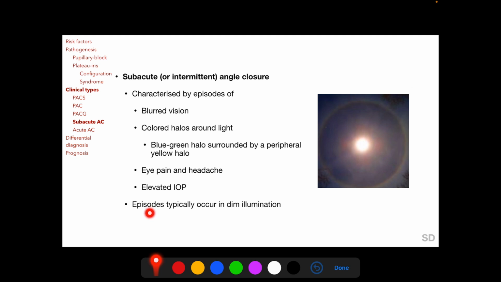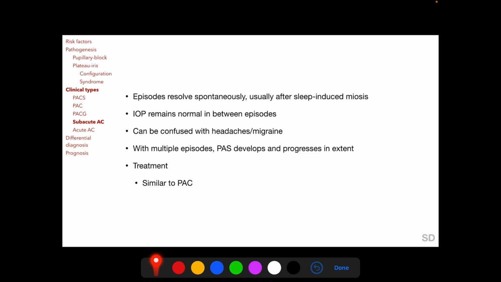These intermittent episodes typically occur in dim illumination, and the episodes usually resolve spontaneously, often after sleep-induced miosis, and the intraocular pressure remains normal in between the episodes.